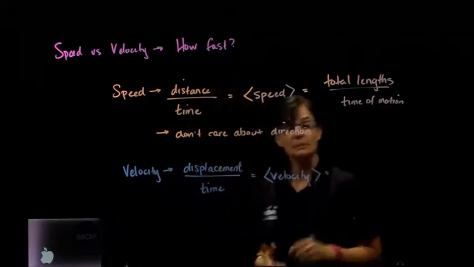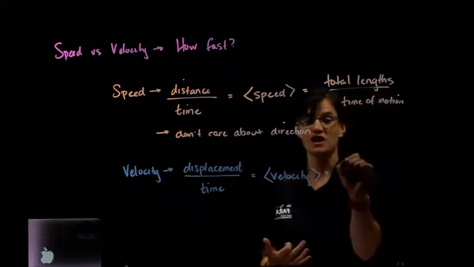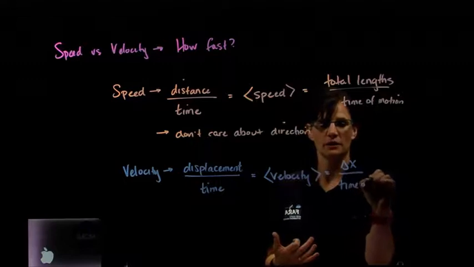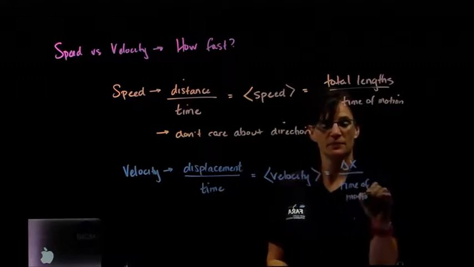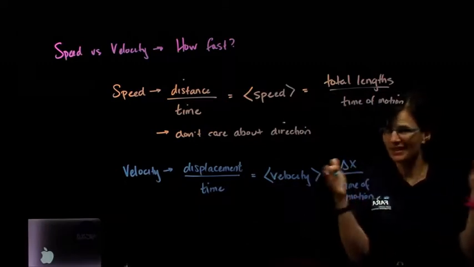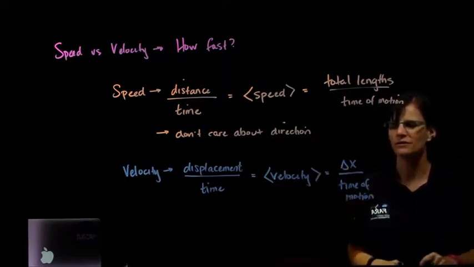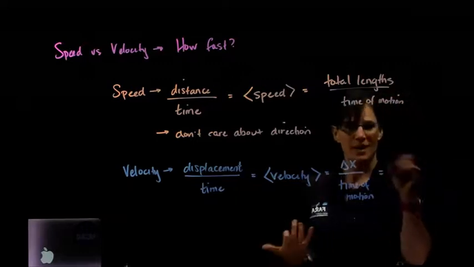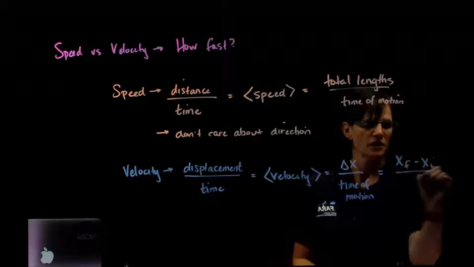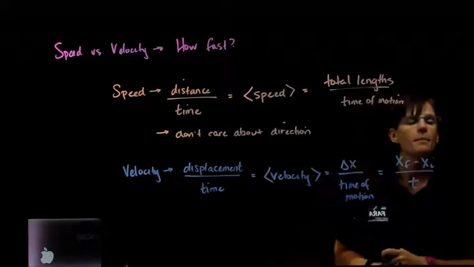And again, displacement was our change in position over the time of the motion that I care about. The total time of the motion I care about is defined by that initial and final. We have to define that motion first. So as another way to represent that change, we know it's our final position minus our initial position over that motion time t.